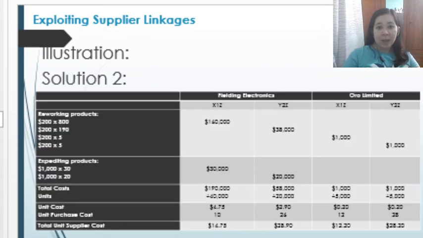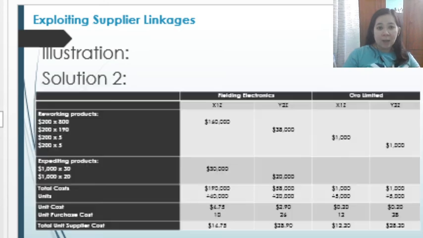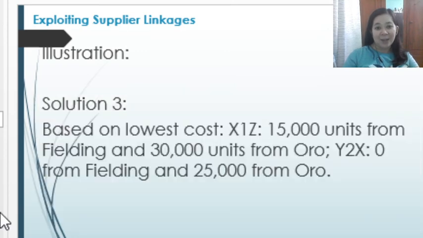So here we will just have a check, based on the unit supplier cost, multiply it with the number of units, and then the combination of the number of units where we can get that at the lowest cost. So this is our mix, the optimal mix.